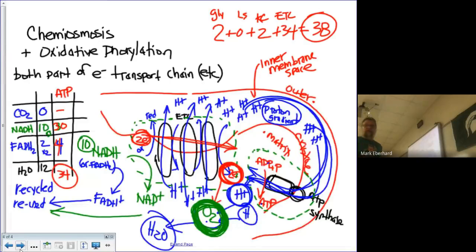So using the oxygen, we can increase our ATP production from 2 molecules per sugar to approximately 38 ATP per sugar. That's almost a 20-fold increase. Just by using oxygen, we have almost a 20-fold increase in ATP production.